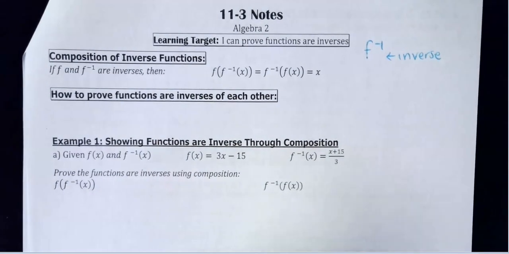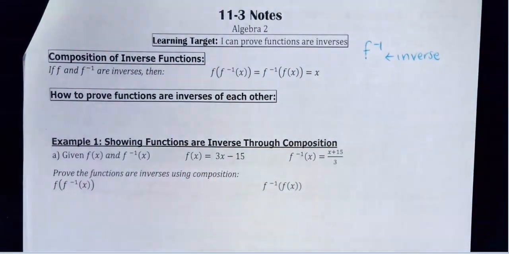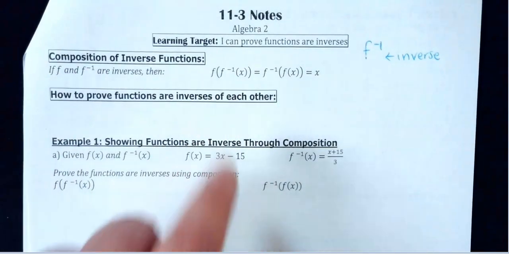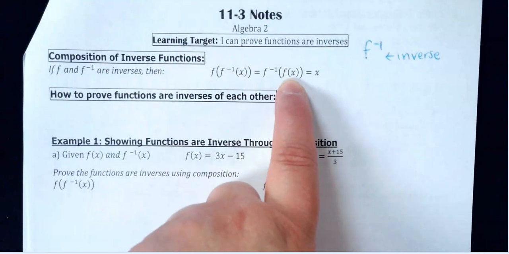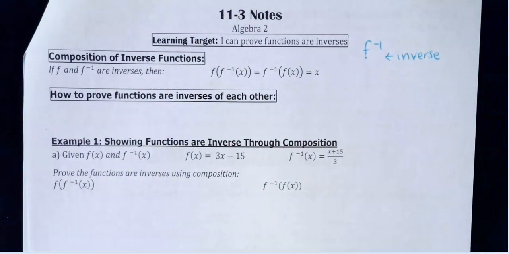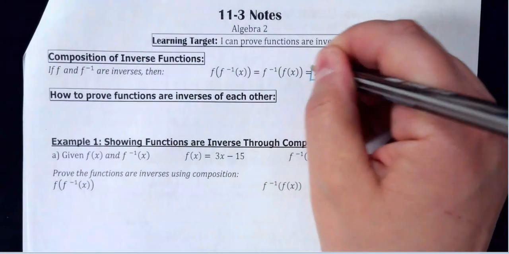This says if I plug the inverse into the original function, that would be the same as if I reverse the order and put the original into the inverse. Not multiplication, we're going to literally plug them in. And both of those should simplify to just give you x.